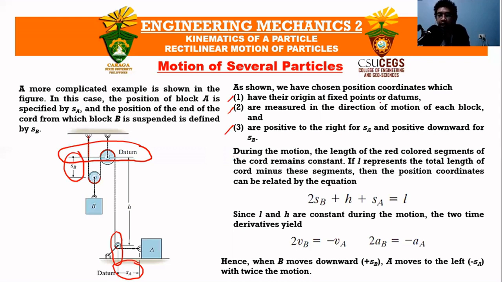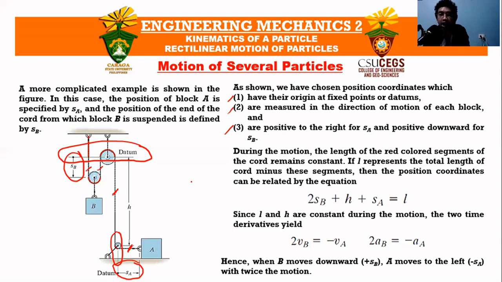During the motion, the length of the red colored segments of the cord remains constant. If L represents the total length of cord minus these segments, then the position coordinates can be related by the equation 2SB plus H plus SA is equal to L, the total cord length minus the red colored segments that remain constant.